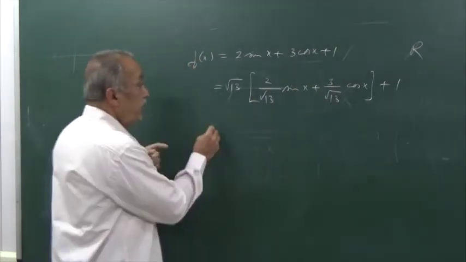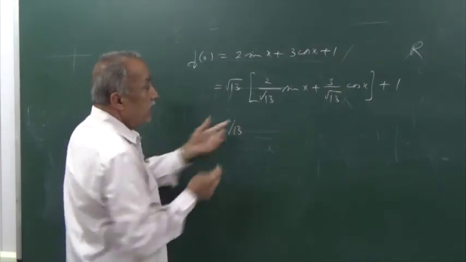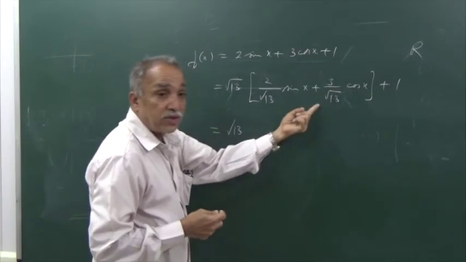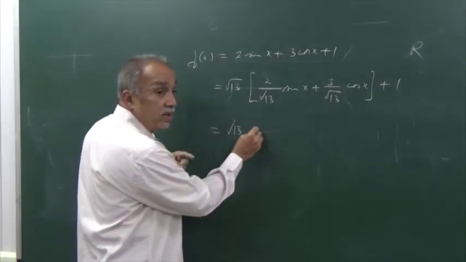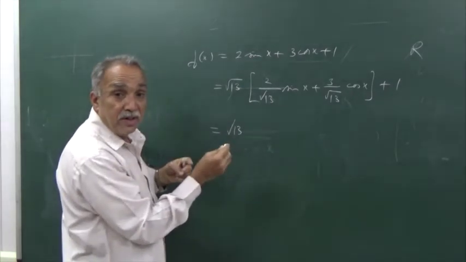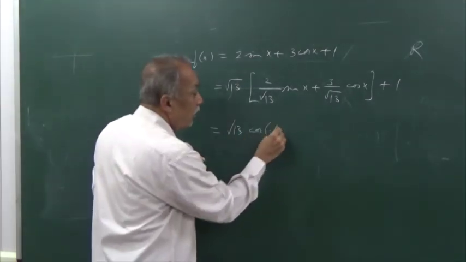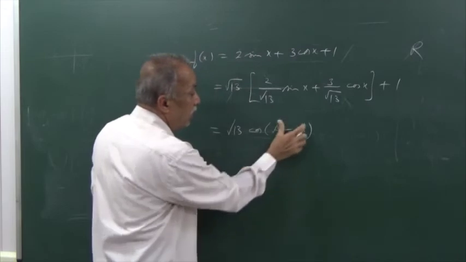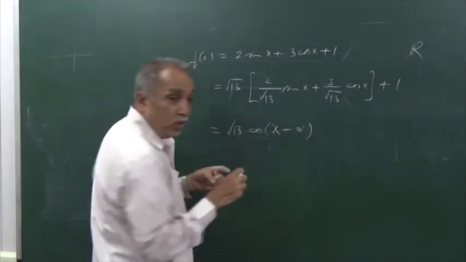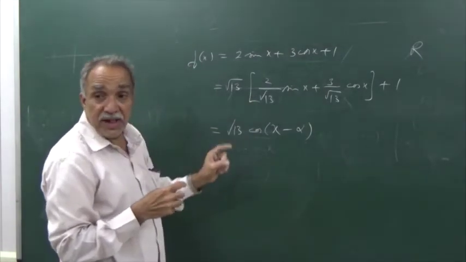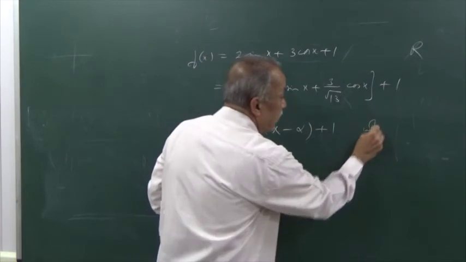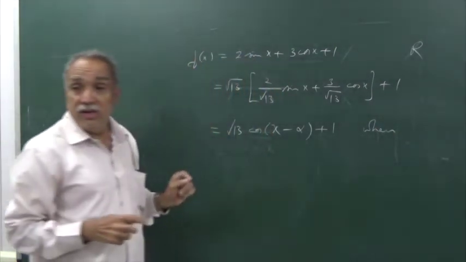Using that idea, let me make this sin alpha. Sin x sin alpha plus cos x cos alpha: cos a cos b plus sin a sin b is cos of a minus b. a is x, b is not known. I am known, but I am not writing it as it is. I will give the description separately. Where what is this alpha?